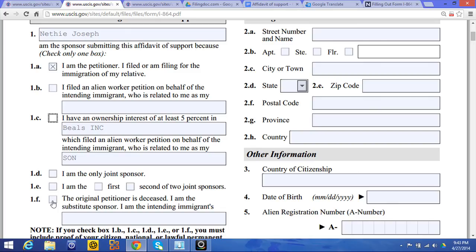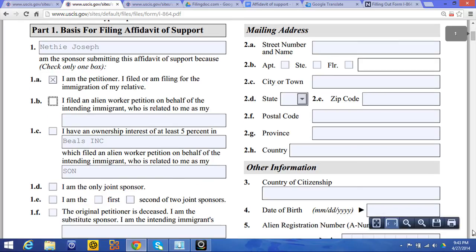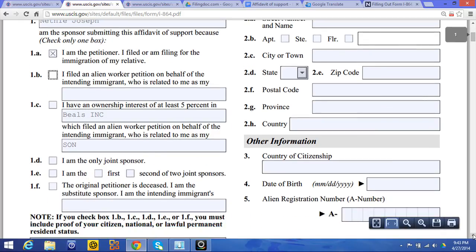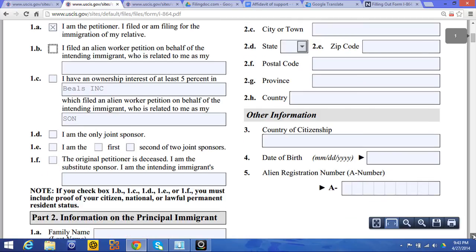So you have 6 choices here, and you have to choose one of them. If you check more than one, you are wrong. Choose which case applies to you. This is for part 1. Now let's go to part 2.